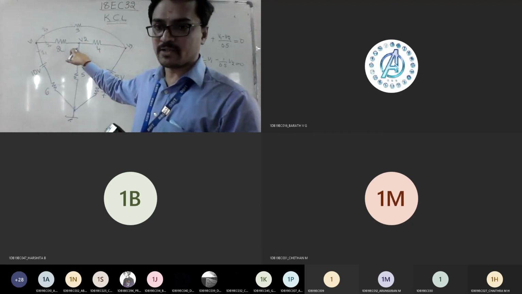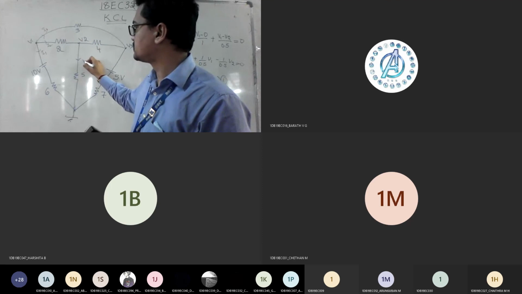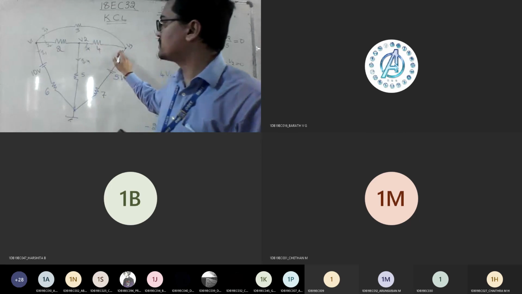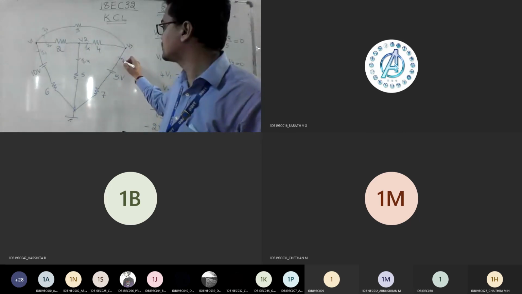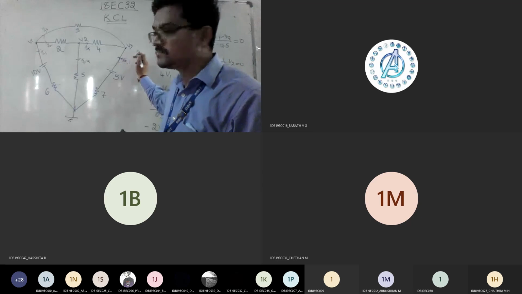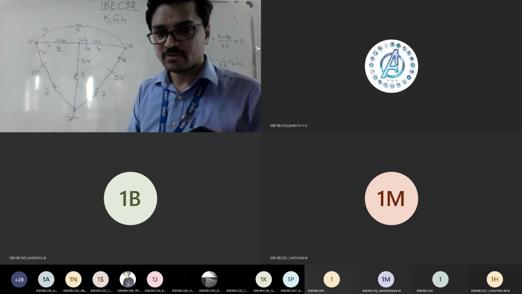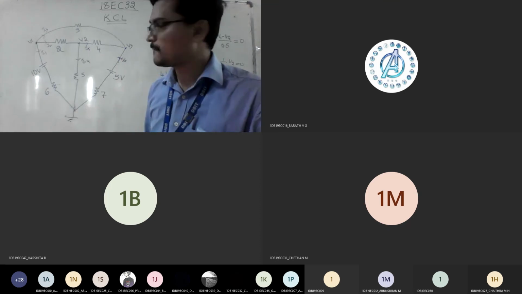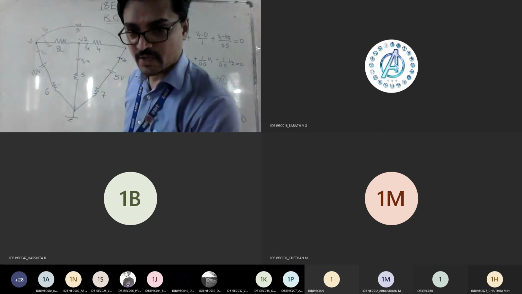The same I2 will come here, don't take one more. Then this is I4, and I5. Again the same I5 comes here, and again the same I3 comes here. So the only new one is I6. Understood, everyone? Entering and leaving current is left to you as an assumption. If you get a negative answer, it should be reversed. That's it. Everyone solve that.